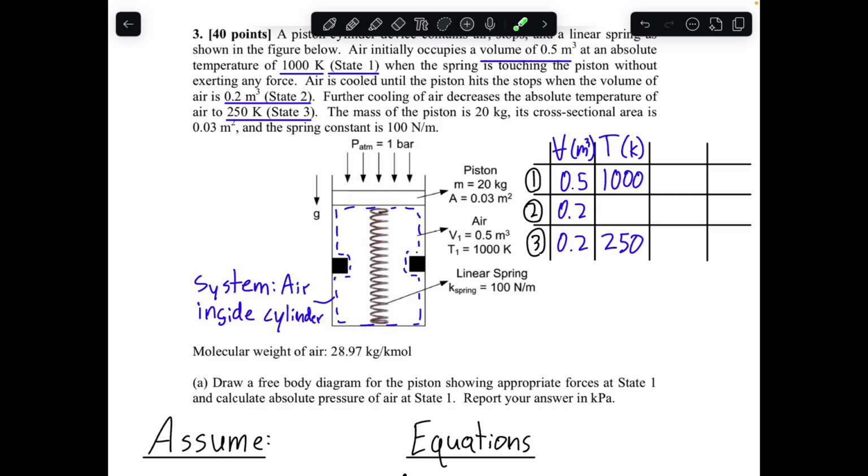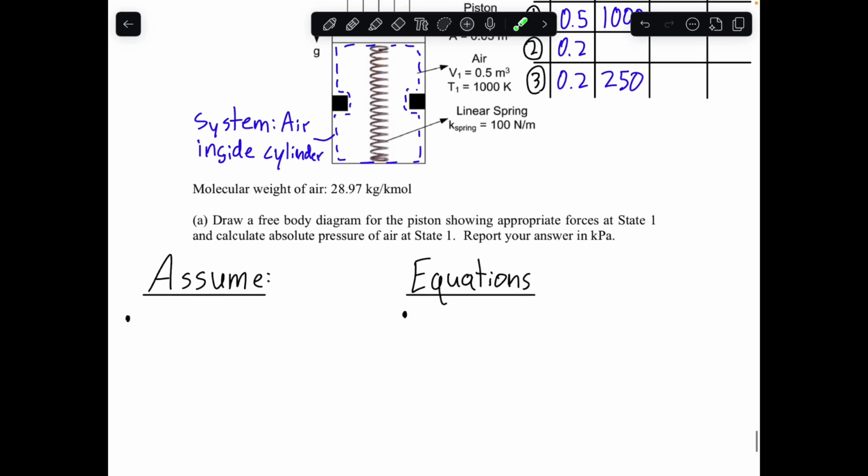And the same thing happens when we move to states 2 and state 3. When we have a different volume now, we can still say that the property right here is the same as the property here and here and here and all over. We have the same uniform property and we can just report one value for it. So quasi-equilibrium process is going to apply here again.